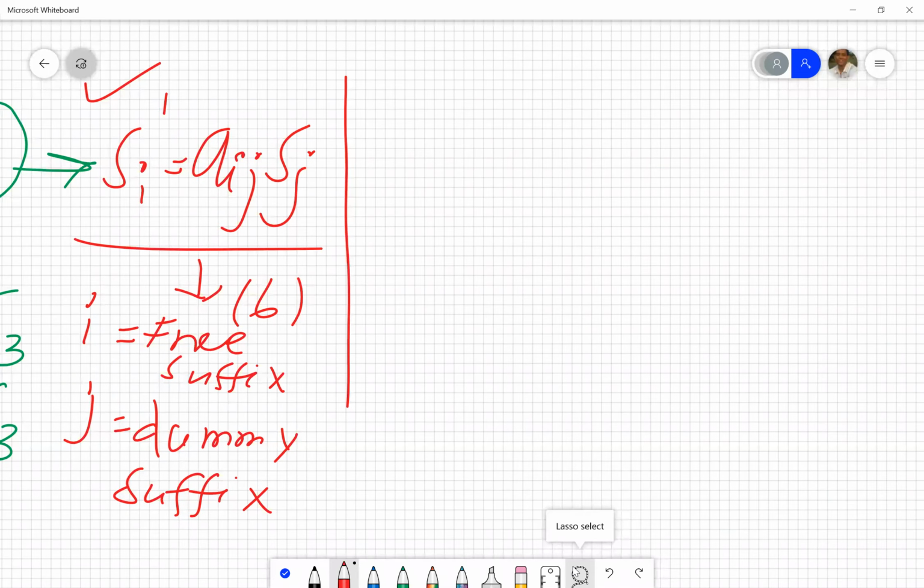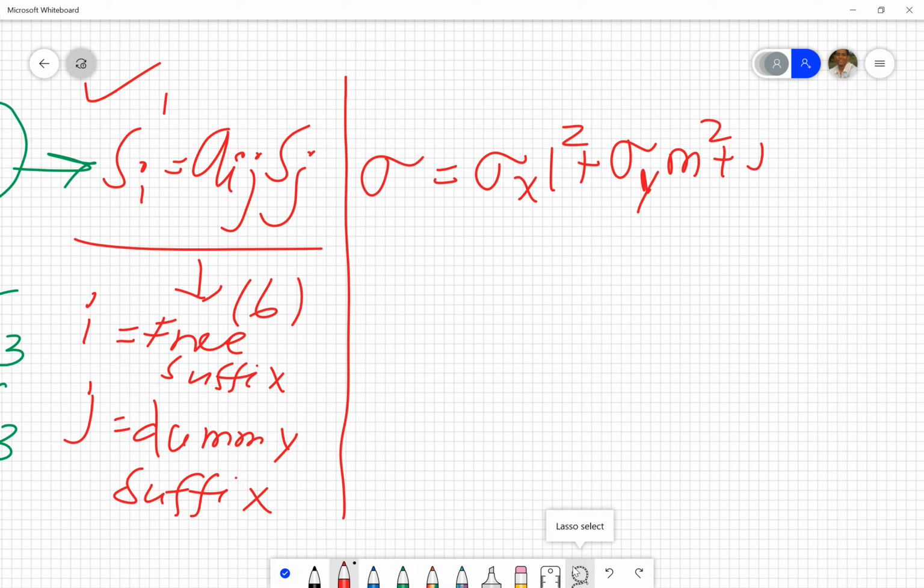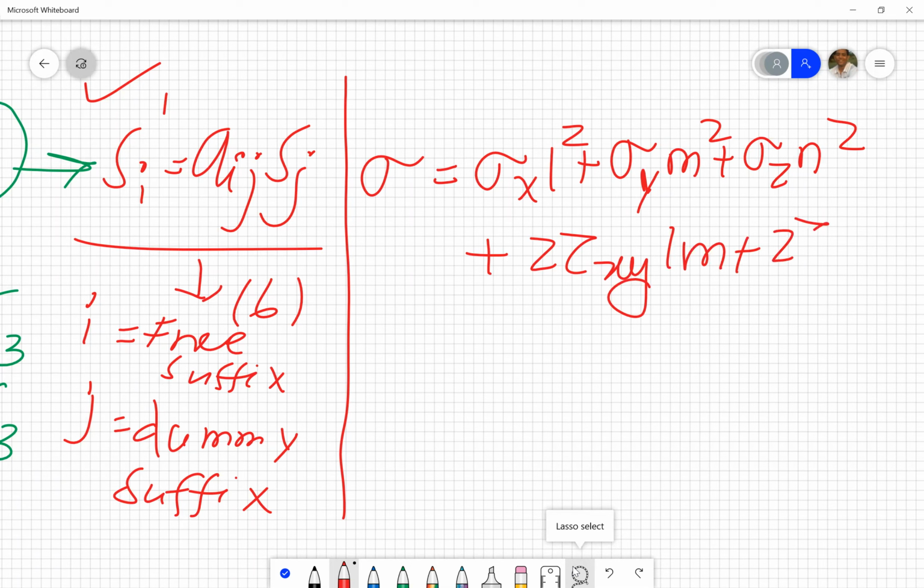The equation which we have already derived: sigma is equal to, in the three-dimensional state of stress case, sigma x L squared plus sigma y m squared plus sigma z n squared plus 2 tau xy lm plus 2 tau yz mn plus 2 tau xz ln.